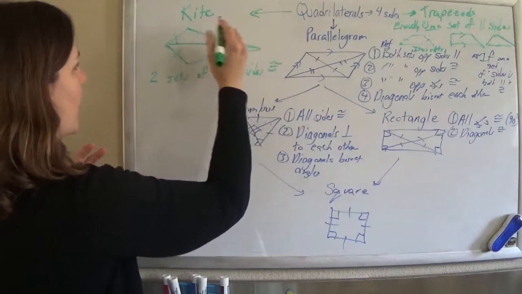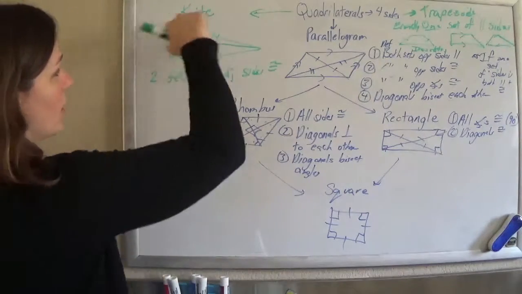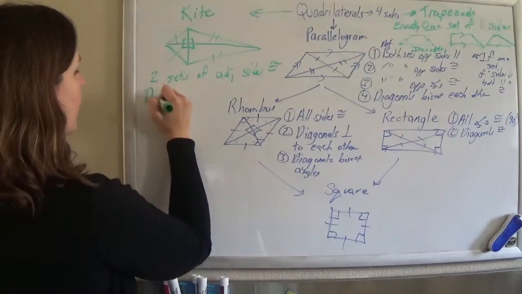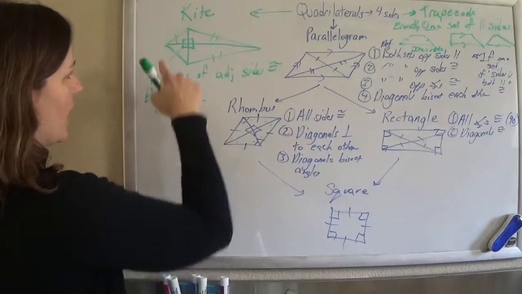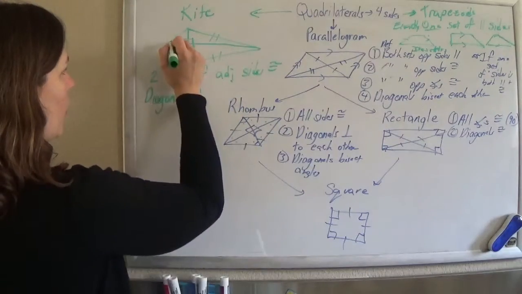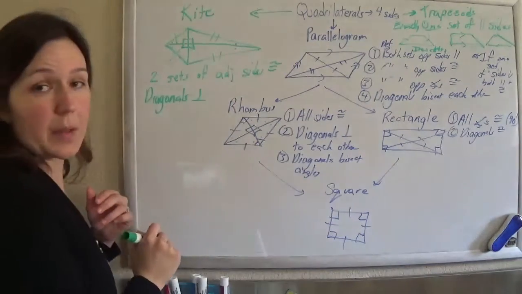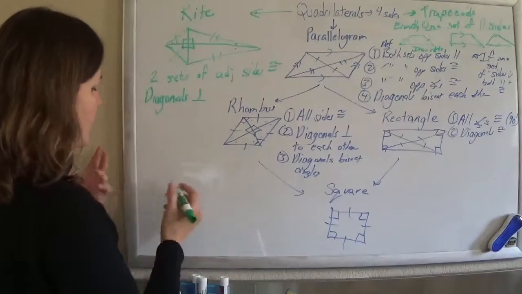You've got some nifty properties of kites. If you draw these diagonals, just like rhombi, the diagonals are perpendicular, and then that diagonal will bisect the angle. So these guys are going to end up all being the same. But these guys not necessarily, right? You can definitely see it.